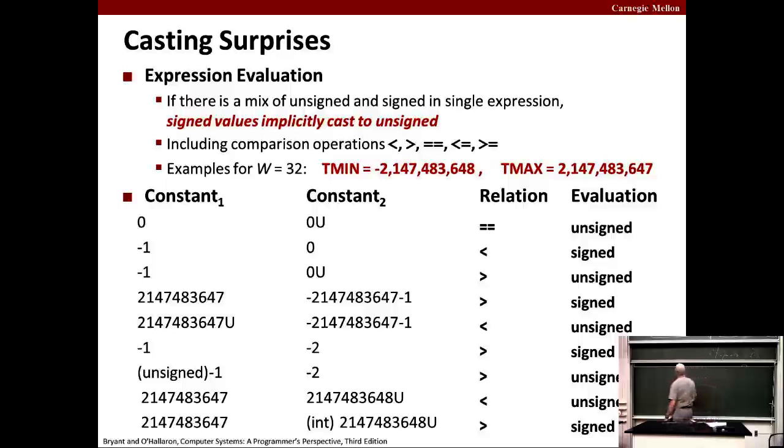You notice that if you look at the absolute value of T max and you compare it to the absolute value of T min, it's off by 1.